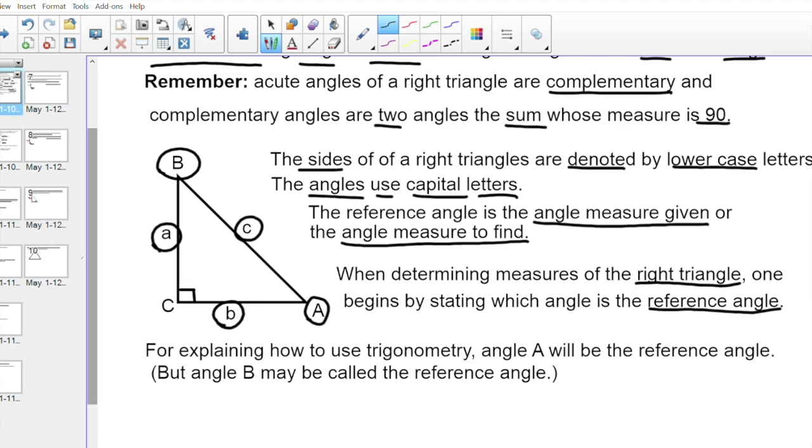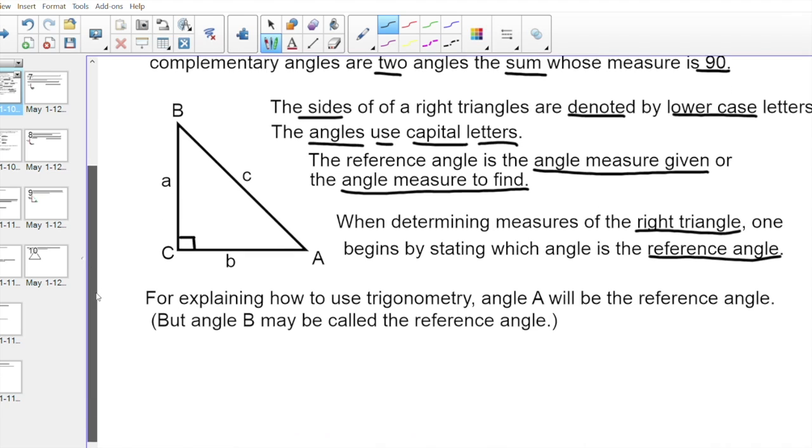Now, in this particular right triangle, there are two angles that we may know the measure of, so we need to state which one we are referring to. That is where we start the process: determine what angle is given, or what angle you have to find the measure of.